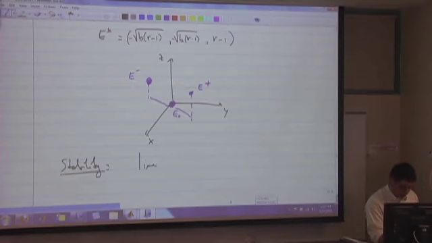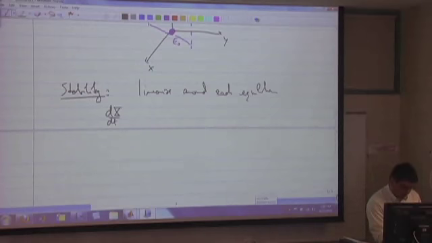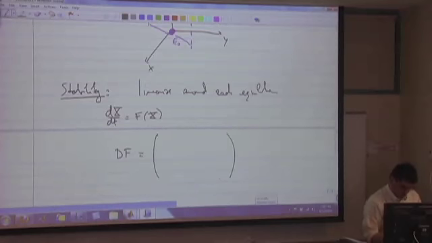Linearizing around each equilibrium, and so remember, for a continuous time dynamical system, that amounts to computing the Jacobian matrix, right?